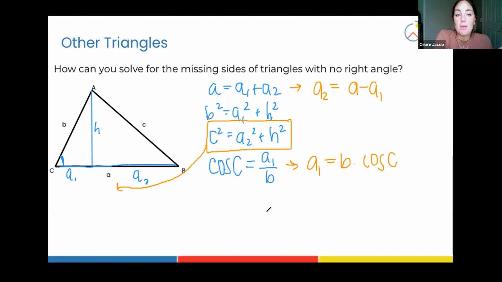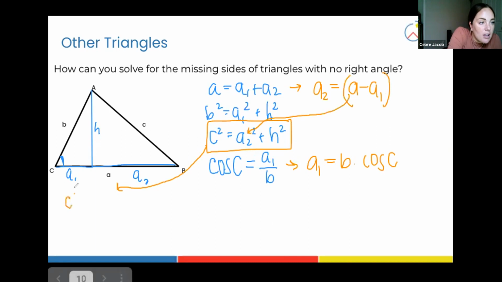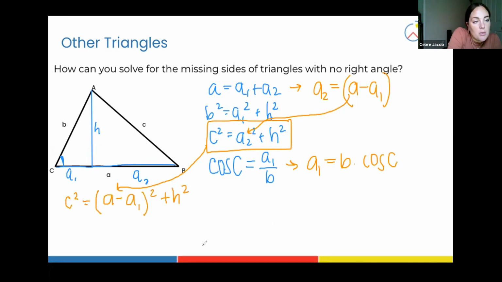We're just going to start playing with it. So if I take C squared equals A sub 2 squared plus H squared, and I plug this in the place of A sub 2, this is what we're going to get. C squared equals (A minus A1) squared plus H squared. Are you guys good with what I just did?